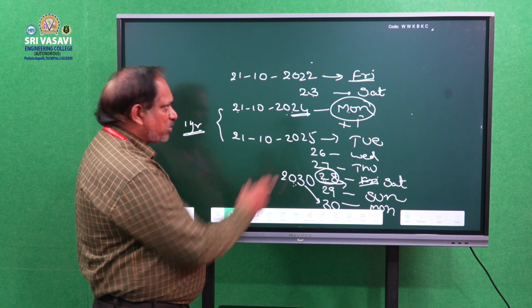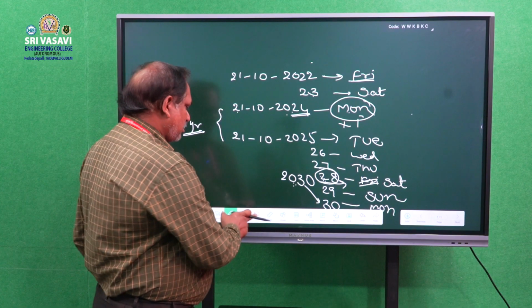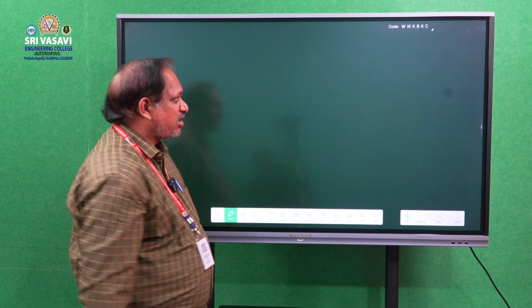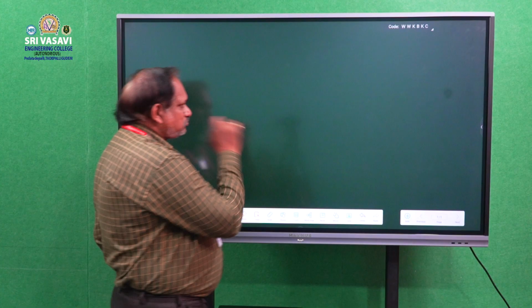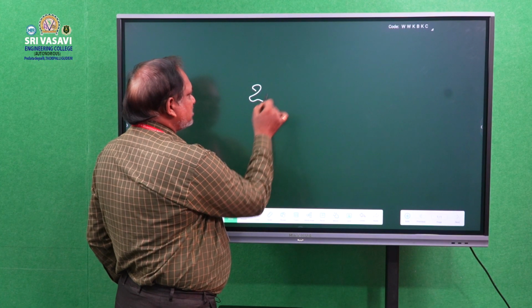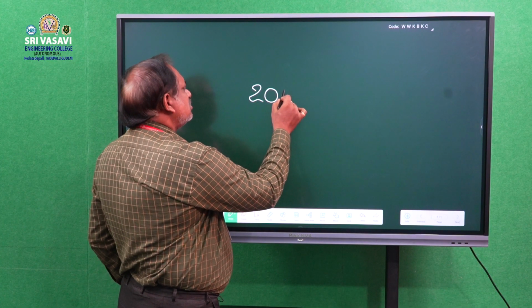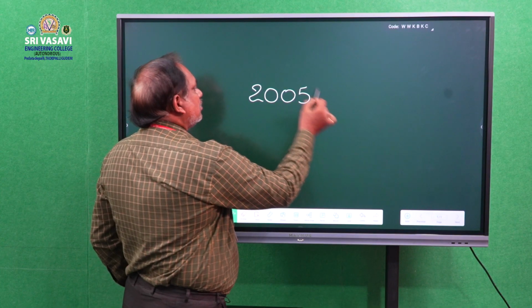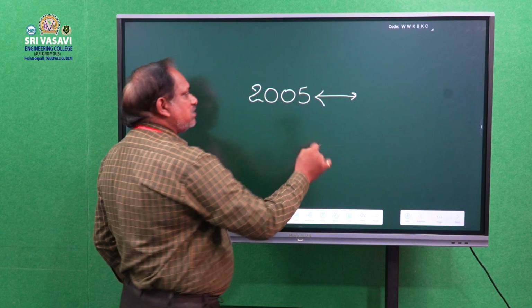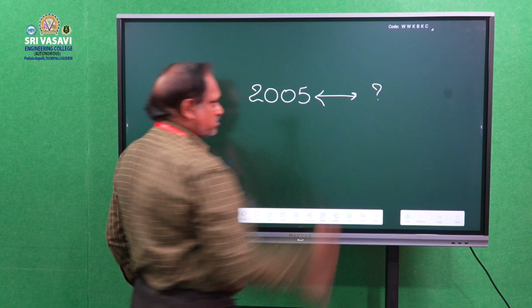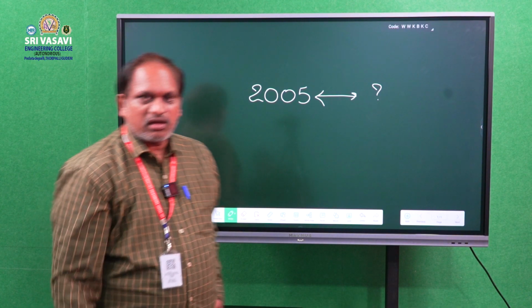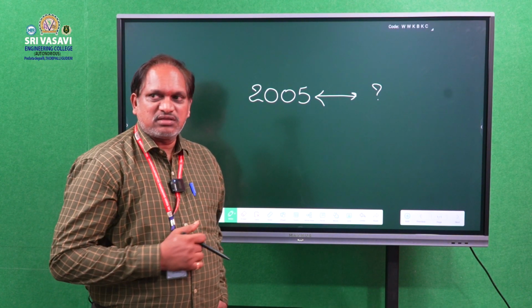So this is one more model related to that they are asking, and the last model in a calendar. So for the last model, for example, the calendar 2005 is same as dash.